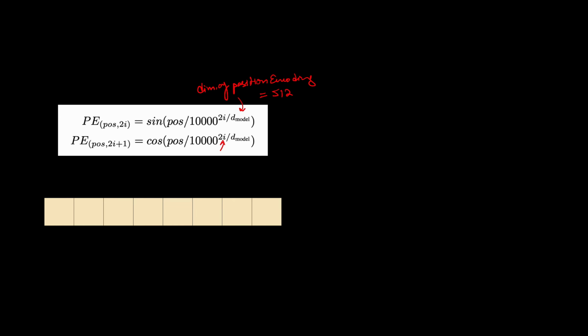And this i is like an iterator, just to populate the values of the vector. This 2i indicates even positions and 2i plus 1 indicates the odd positions. So all the even positions are populated with the help of the sine function, while all the odd positions are populated with the help of the cosine function.